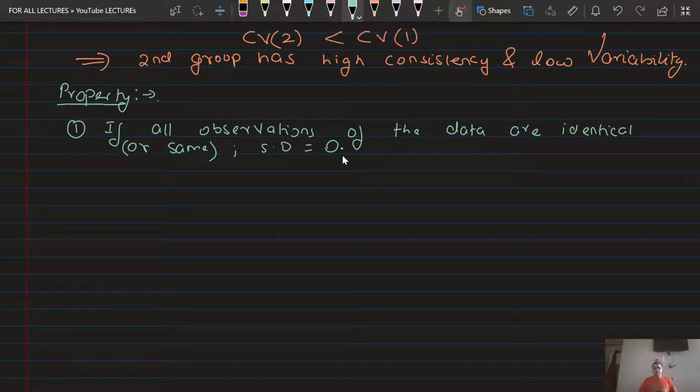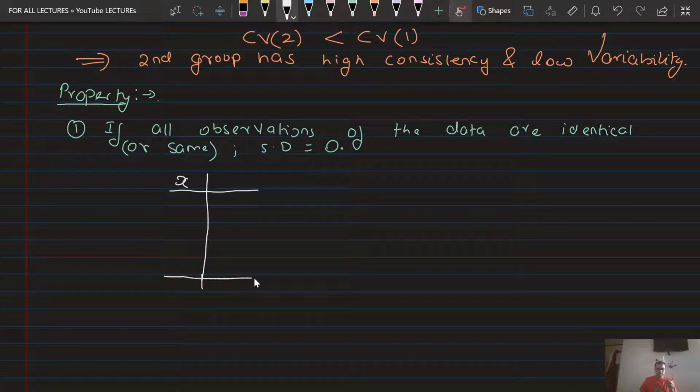So now the question is why? So I'll explain this with the help of an example. Chalo, what is x? The observation values. Let us take some simple number. Let us take it as 4. Suppose all these observations are 4.